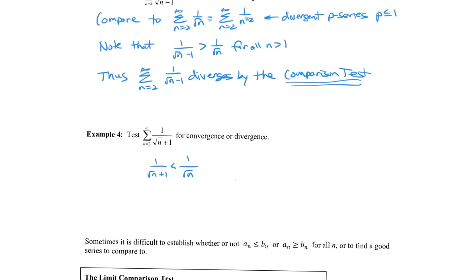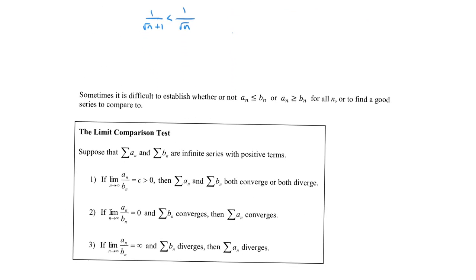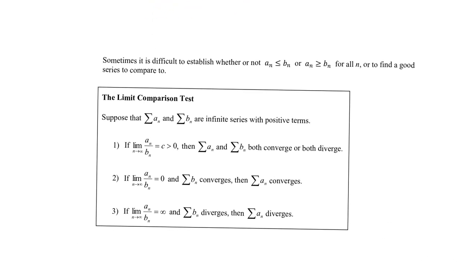We've got something called the limit comparison test. It works great in cases like this. In this case, it's difficult to establish this idea, or maybe we can't show this, but we have an idea that we think we know what our series does. Well, then we can use a limit comparison test.